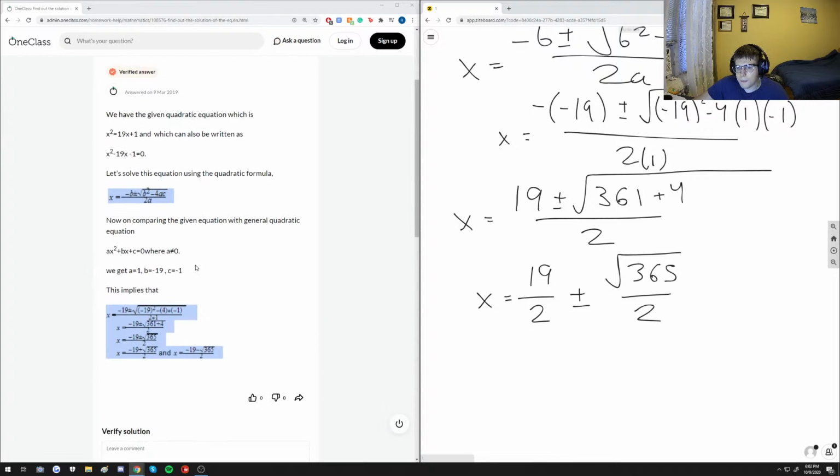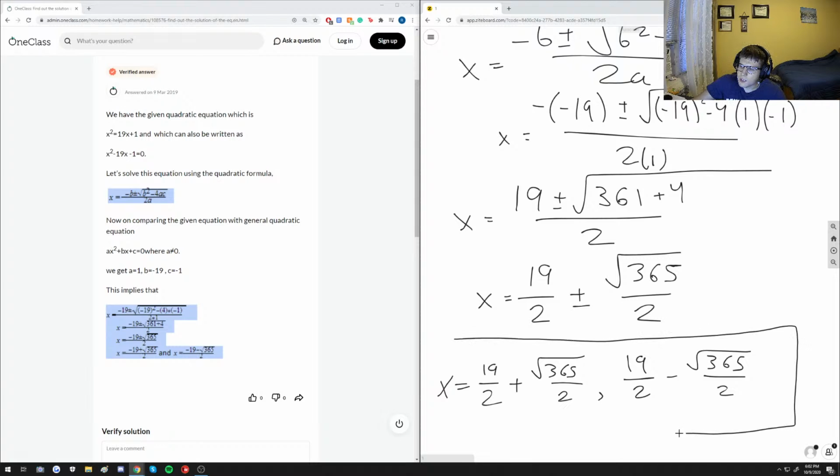I don't know if this square root can be simplified further, but I will just leave it as is. Because of the plus or minus, we can write this as two separate roots. Our first root is 19 over 2 plus root 365 over 2, and our second root is 19 over 2 minus root 365 over 2. These are our two roots right here.